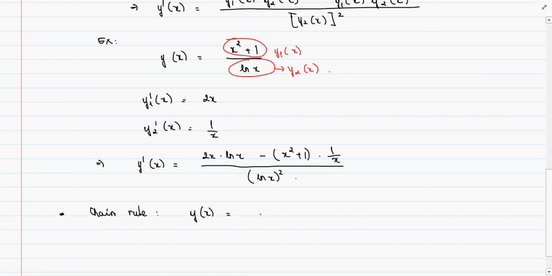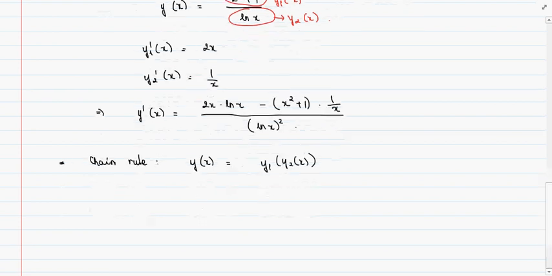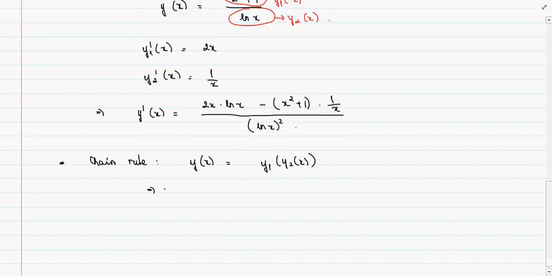So if y is equal to y1 as a function of y2, basically a function inside a function, then the chain rule tells you that to differentiate y with respect to x, you differentiate y1 with respect to y2 and multiply by the differential of function y2 with respect to x, so y2 dash of x.